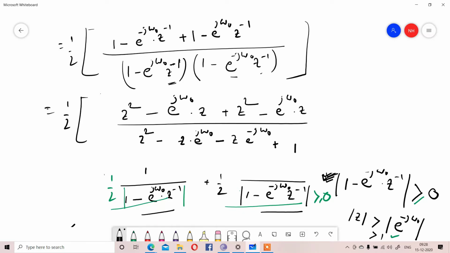You can check it. If we multiply, it will be that value.